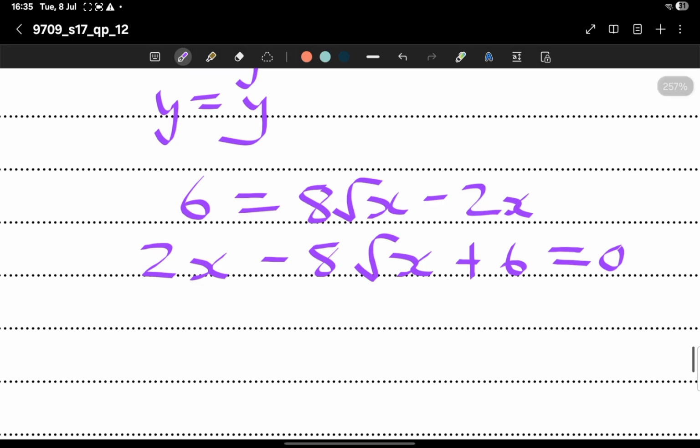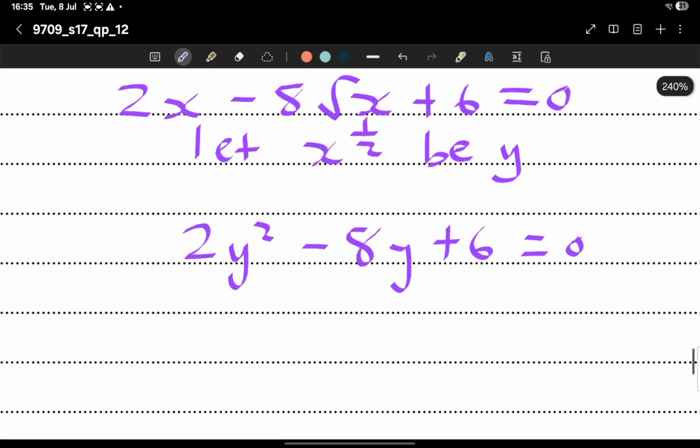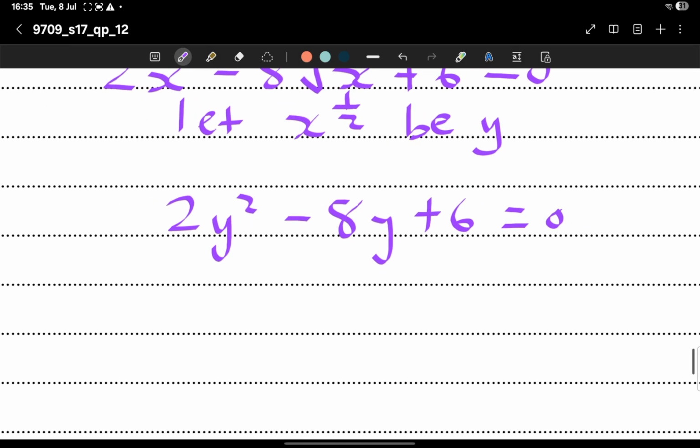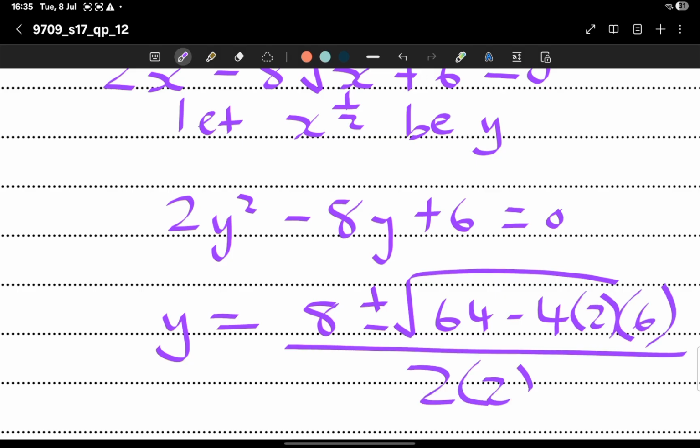And for this one, we are going to say let x to the power half, which is the square root of x, be y, so that we turn it into a quadratic where we say 2y squared minus 8y plus 6 is equal to 0. And we can safely use the quadratic formula, saying y is equal to 8 plus or minus root of 64 minus 4 times 2 times 6, all over 2 multiplied by a, which is that.